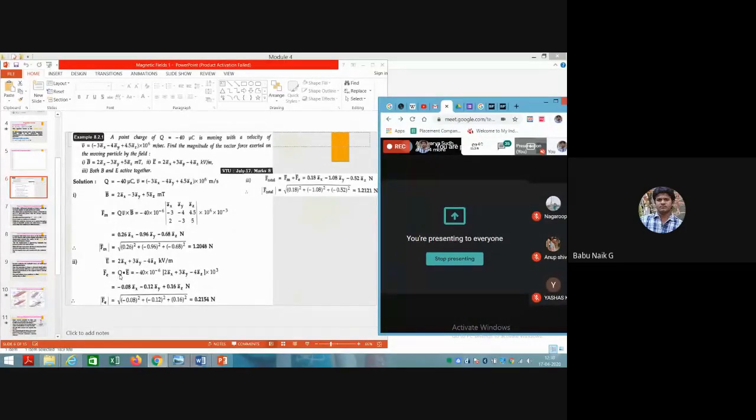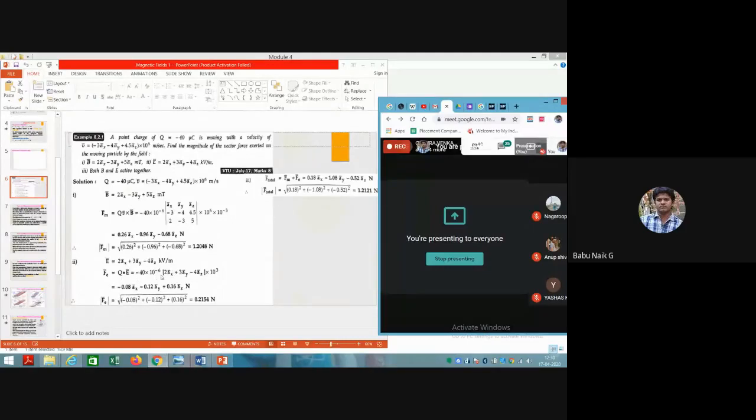Now, in a similar way, you can calculate the force in the electrostatic field. We have the charge Q and the electric field already given in the Cartesian coordinate system. The force in the electrostatic field is Q into E, where Q is constant and the electric field is given in x, y and z, so you can substitute here. The k is kilo, which they have given, 10 to the power of 3.